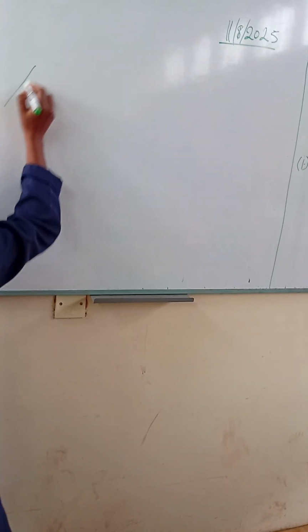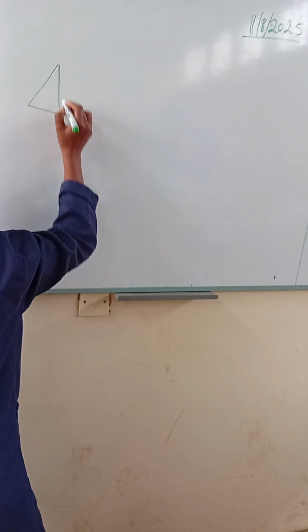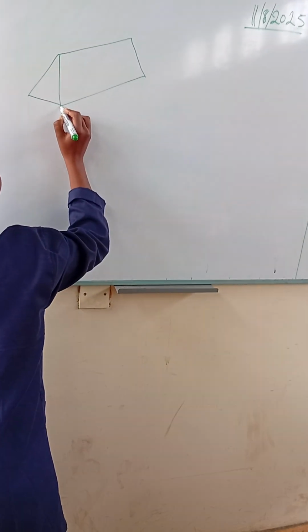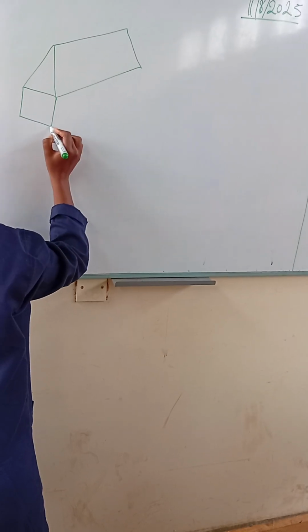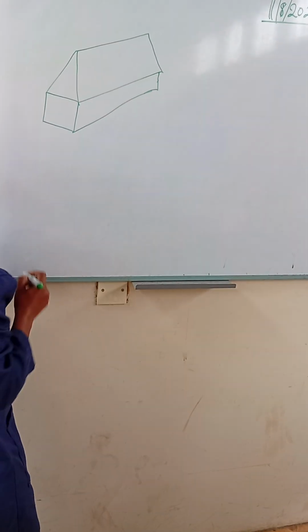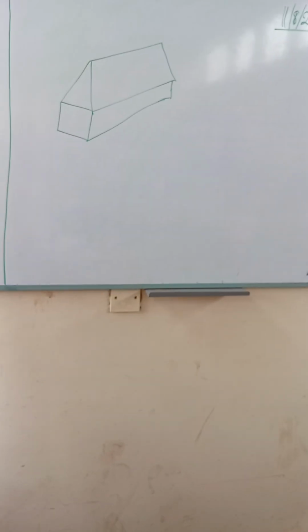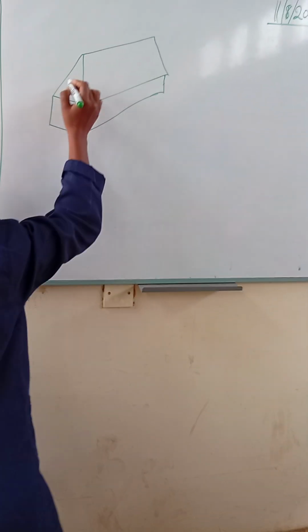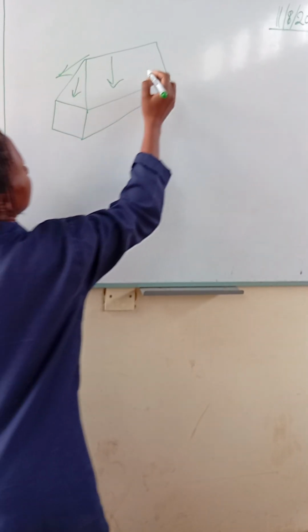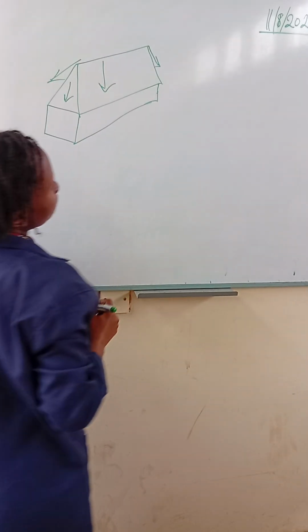A hip roof looks like this. This is a hip roof. So with a hip roof, it has several directions. We have this one, the second one, the third one, and the fourth one.